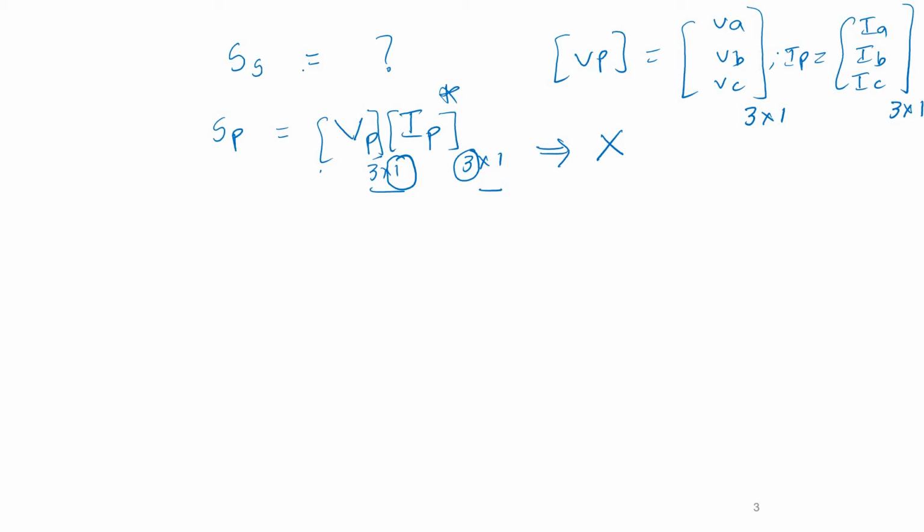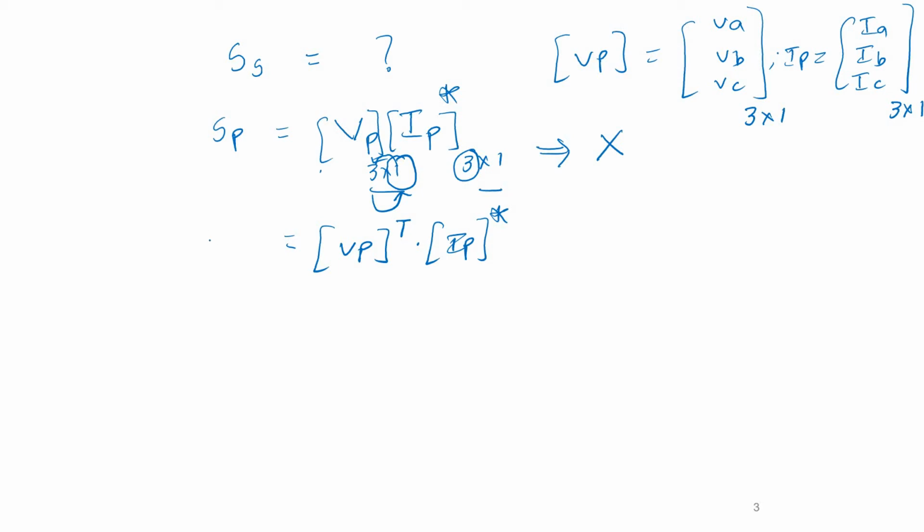So to get the 3 here, either you have to transpose this or transpose that. Here we already have a conjugate, so we will transpose this. What is meant by transpose? The rows and the columns will interchange. So now this equation will become V transpose into current vector conjugate.